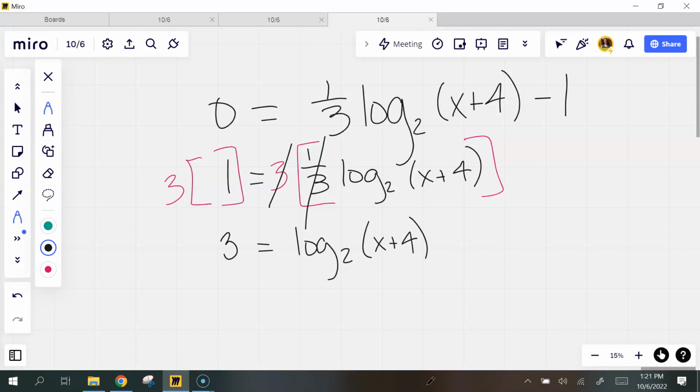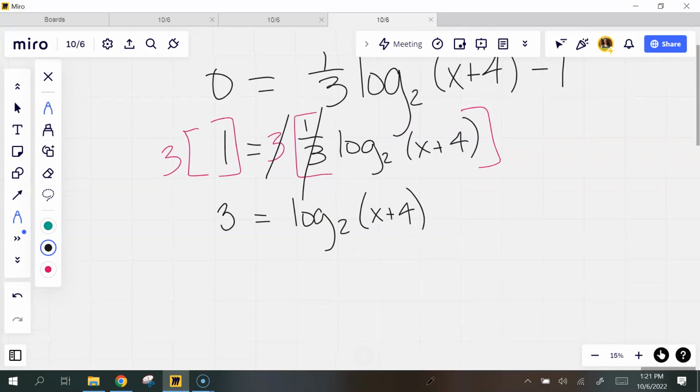Change the form. 2 to the third equals x plus 4. What's 2 to the third? 8. 8 minus 4 is... What did you do? You made it a third root, and then you changed the form?